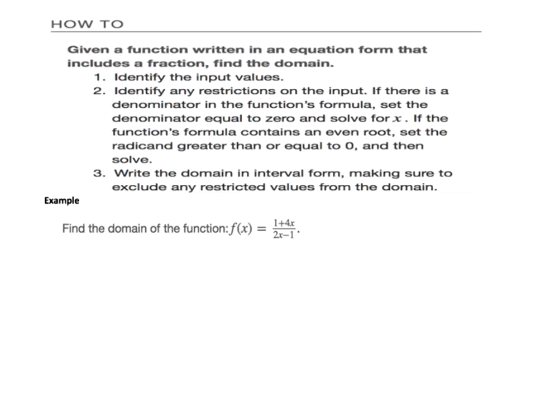Okay, given a function written in an equation form that includes a fraction, so this would be considered a rational function, find the domain. Okay, so identify the input values, identify any restrictions. In this case, we have the potential of plugging in a value and creating 0 in the denominator.